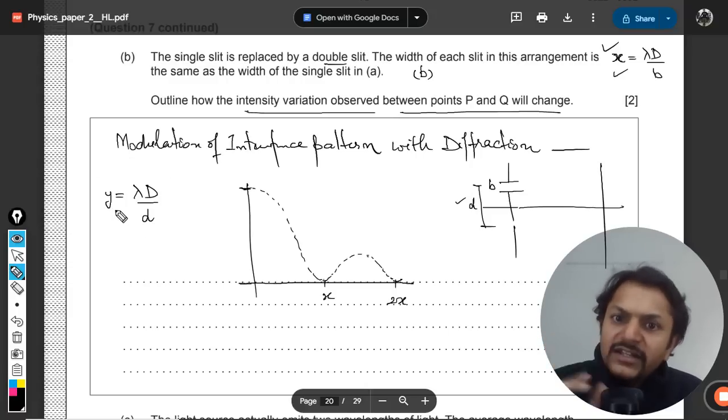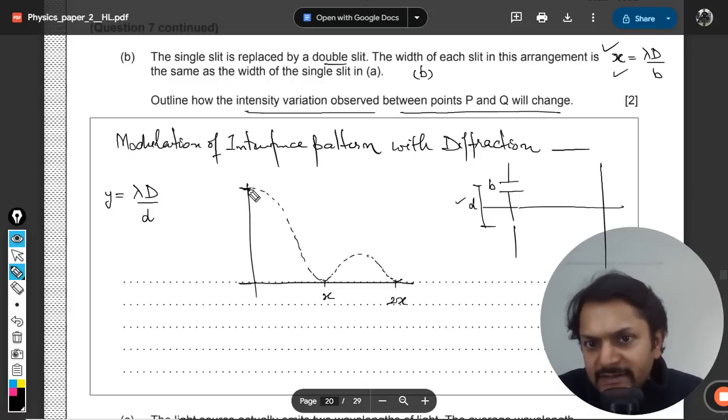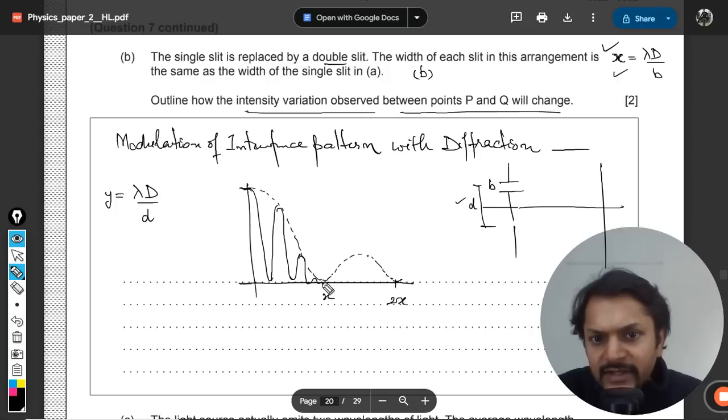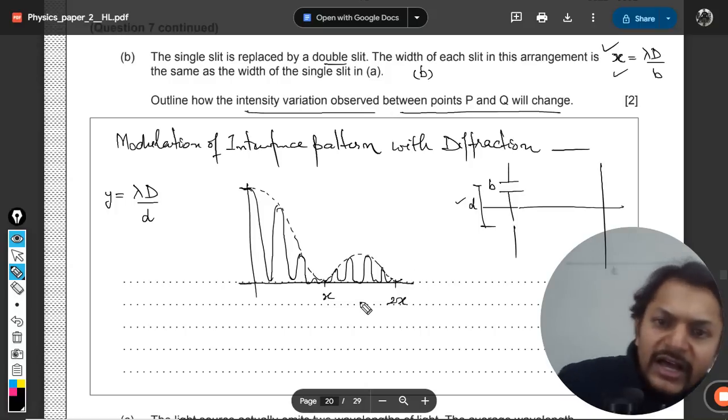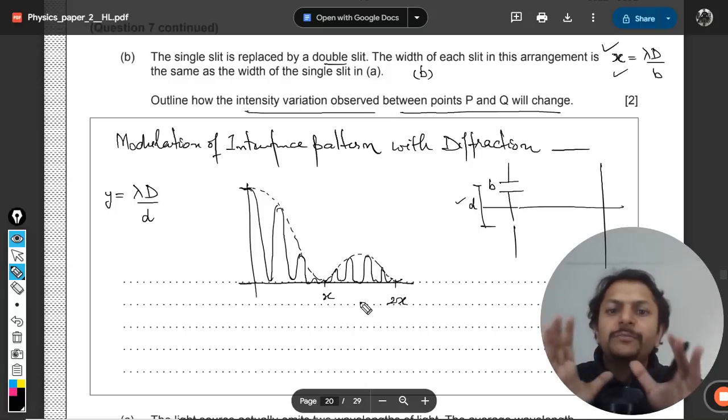So the interference pattern will be somewhat like this, and then it will go up, it will go down, then like this. Somewhere like this, an approximation I have drawn. So this kind of pattern will be there.